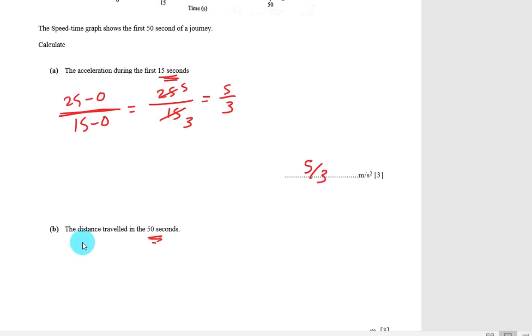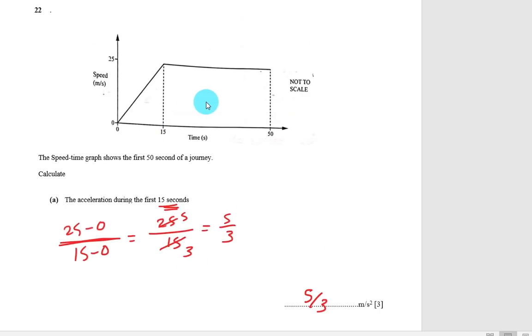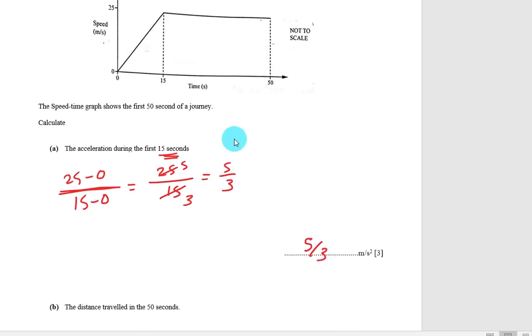Let us go ahead. The distance traveled in the 50 seconds, we need the total distance. The total distance means the area of the triangle plus the area of the rectangle, the area under the curve. So let us work out the distance.